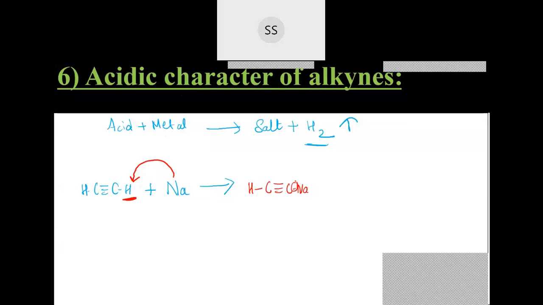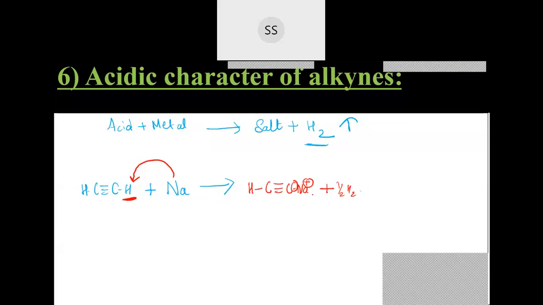This C I am writing with a minus charge and Na as positive, because the bond formed here will be an ionic bond. Whenever there is an ionic bond, we write Na plus and C minus, plus half H2, which means hydrogen gas is released.